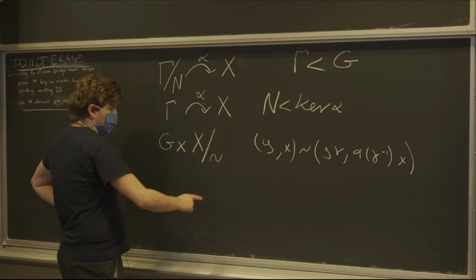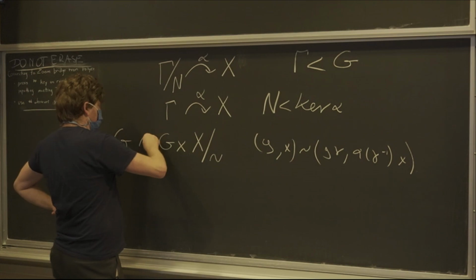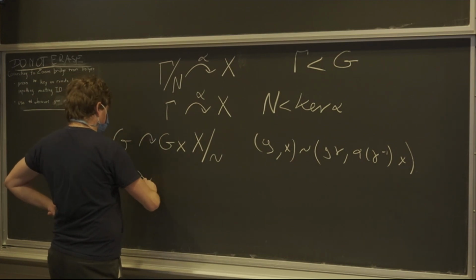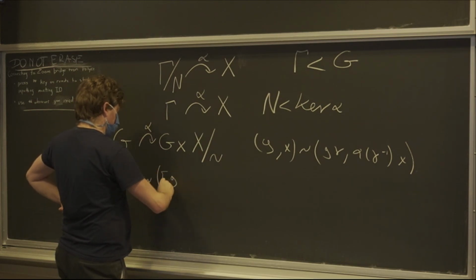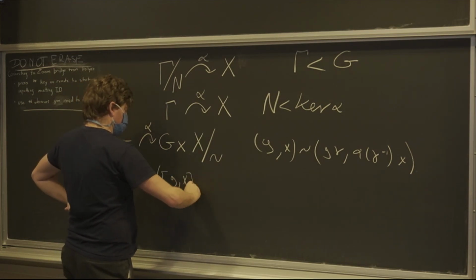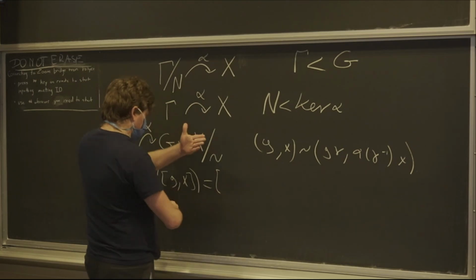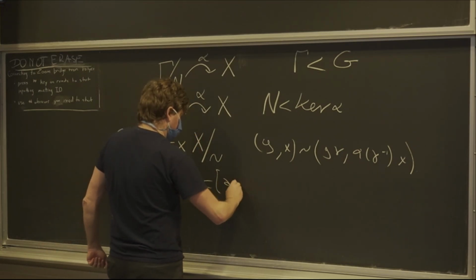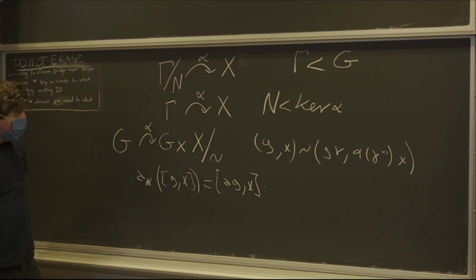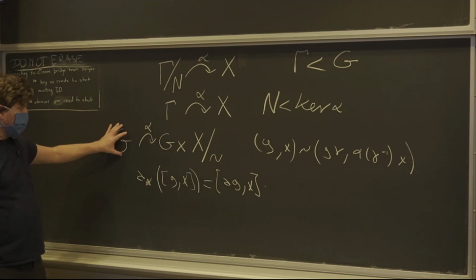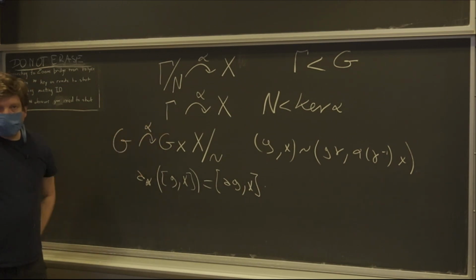Now G acts on this space by right multiplication. We still call it alpha, A star, or left multiplication. And we want to now start with a P-invariant measure for this.